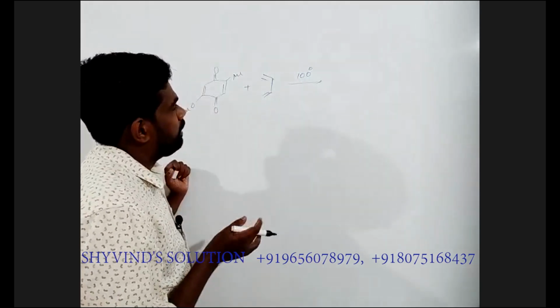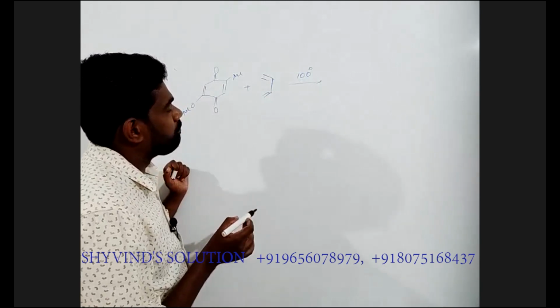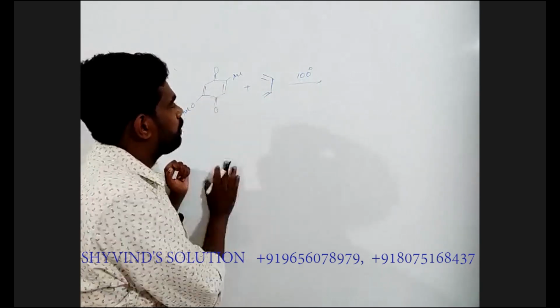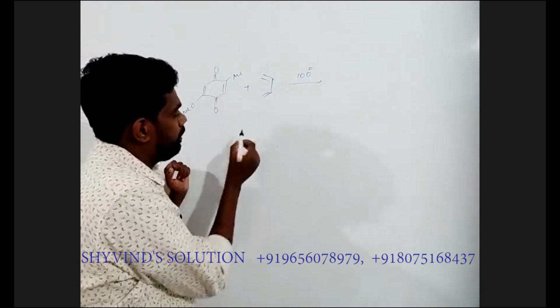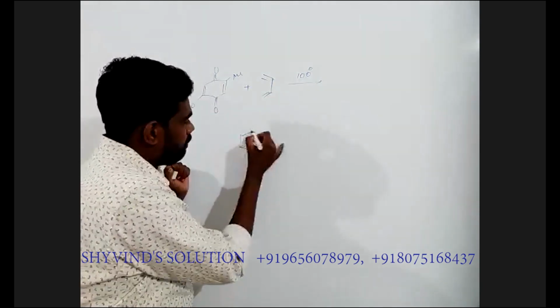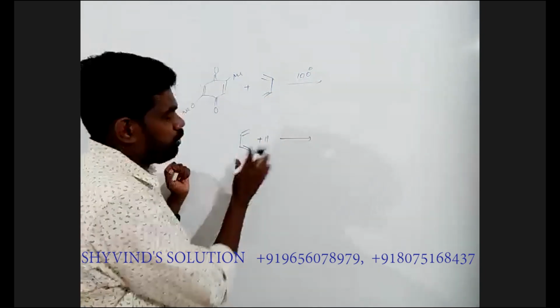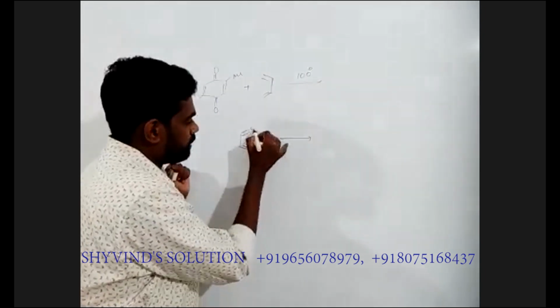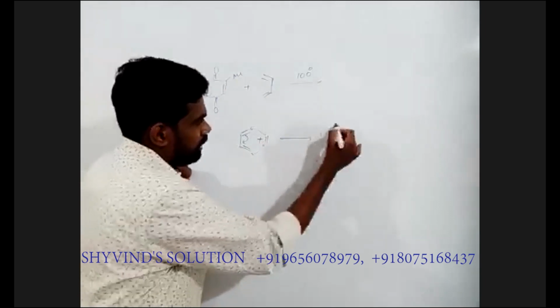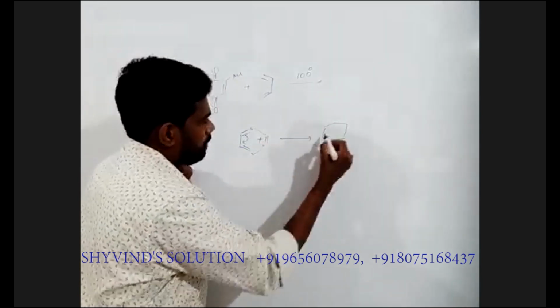So we have this molecule. First of all, when we deal with a Diels-Alder reaction, that's how we represent the simplest Diels-Alder reaction. We will get the product like this.